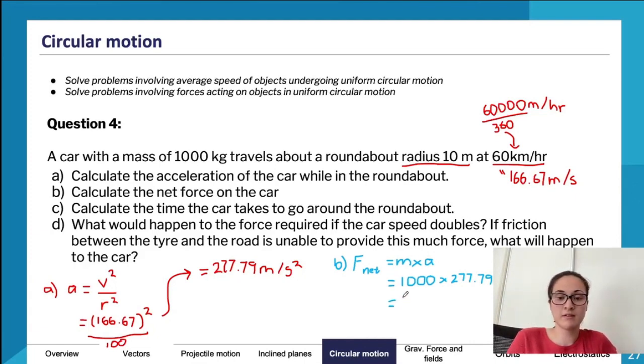That's going to be 2,770, oh wait, no, it's a very long number. It's going to be 27,788.89.